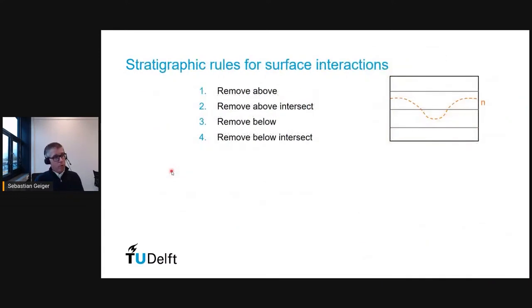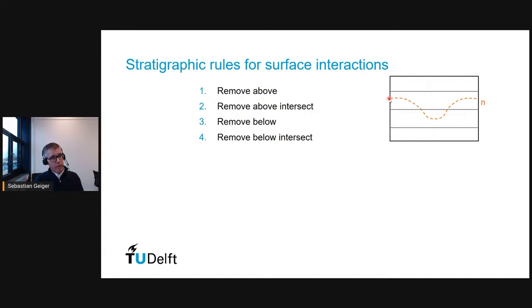And to make sure that our models are geologically consistent, we have some very basic rules. So imagine you have sketched these gray horizontal lines that represent some sedimentary surfaces, and we have a fluvial channel that's going to erode some of these geological surfaces, this new surface N here. There are certain ways that the channel can interact geologically with existing surfaces.